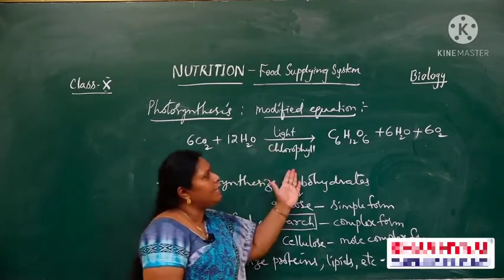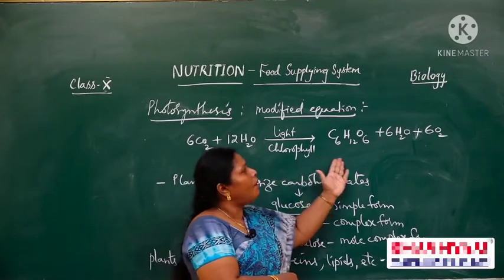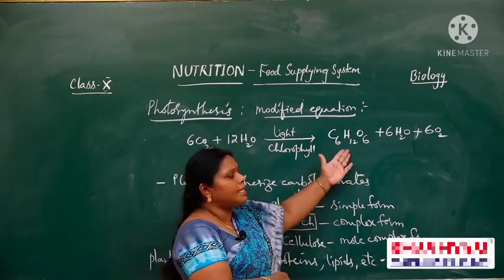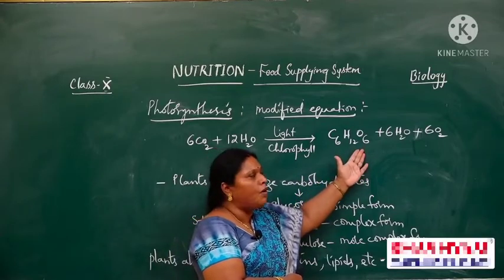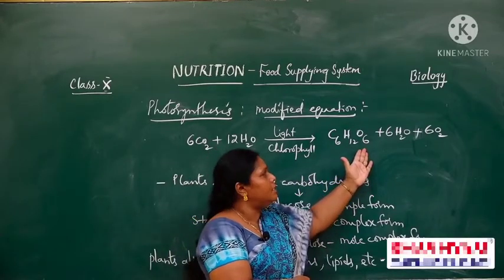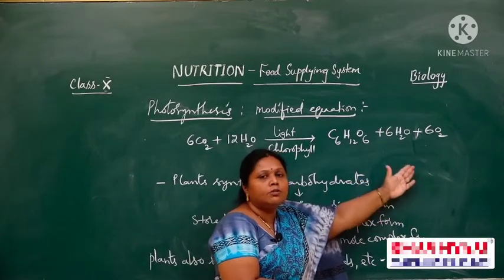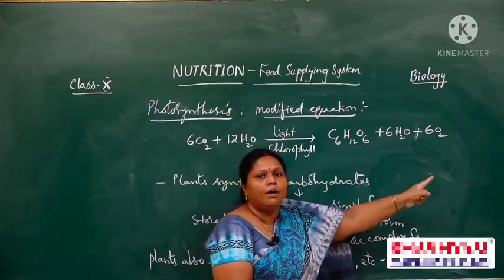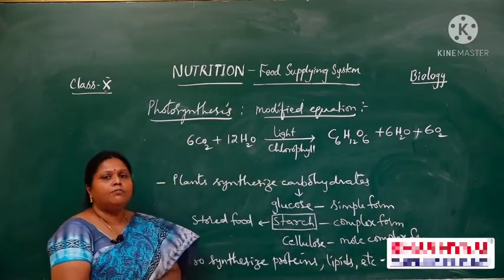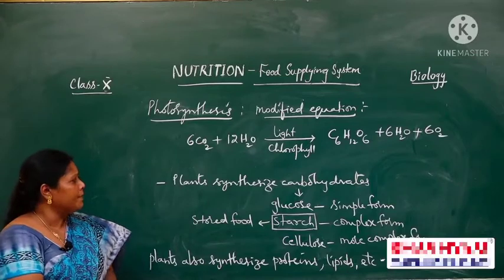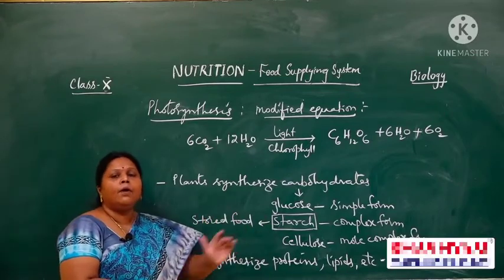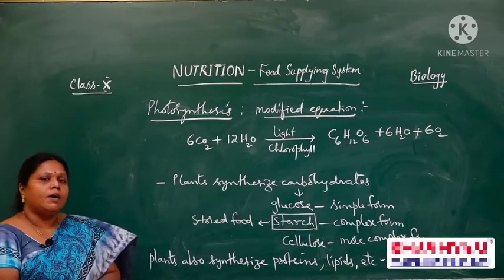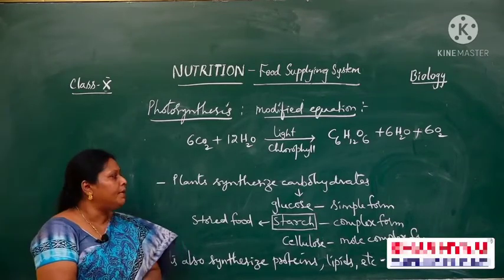Now, looking at this equation, what are the products produced during photosynthesis? Glucose, C6H12O6, which later converts into starch, water and oxygen. So, glucose, water and oxygen are the products of photosynthesis. Carbohydrates are formed during photosynthesis, and we generally see them in the leaves.